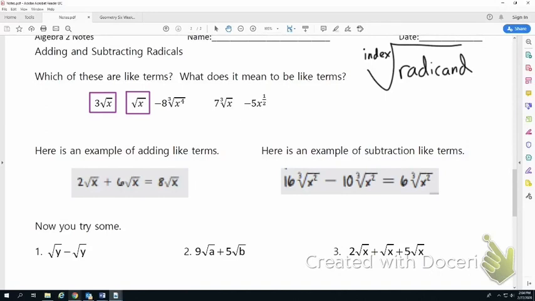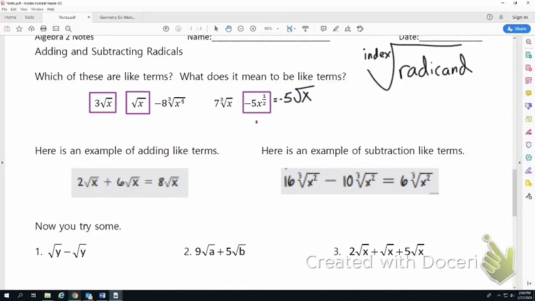Why is it the last one? Because the 1/2 is the same thing as square root. Okay, so you've got to remember that raising something to the power of 1/2 is the same as doing the square root. So, just so that if you reference back to this later, that is the same as this. So that you'll know why we said that those were like terms.